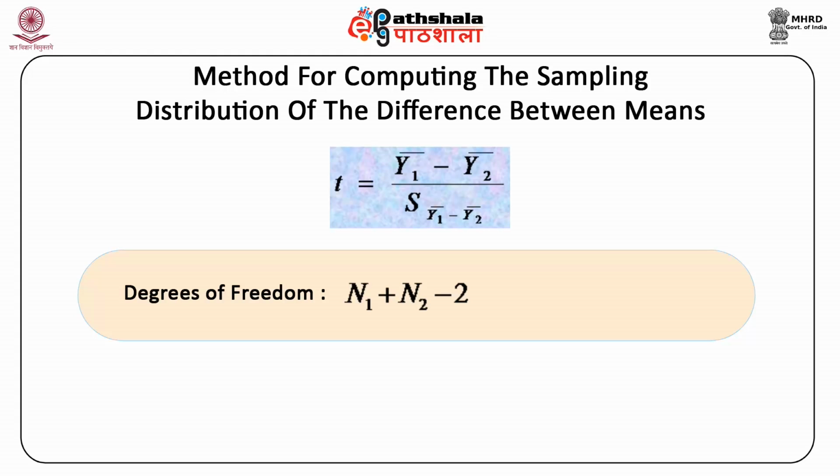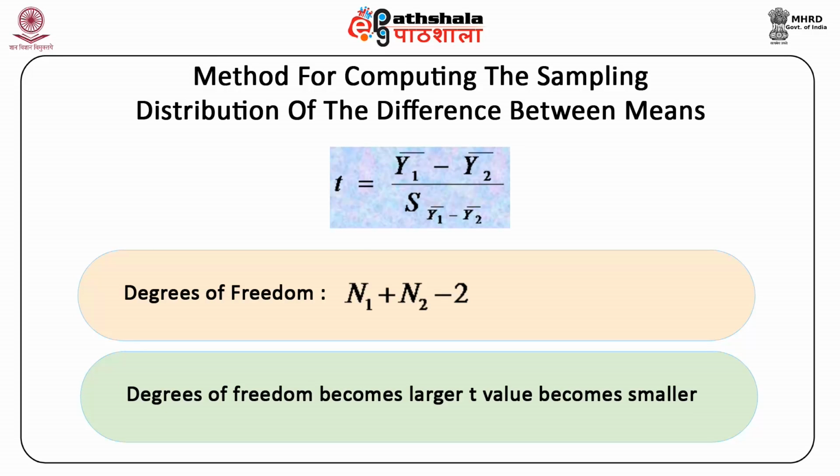When we assume that the population variances are equal, or when both sample sizes are greater than 30, we use the following formula: degrees of freedom df is equal to n1 plus n2 minus 2.